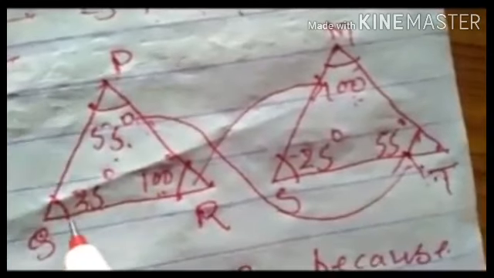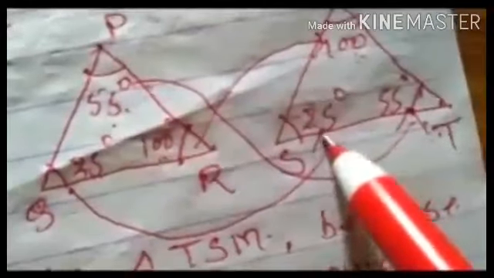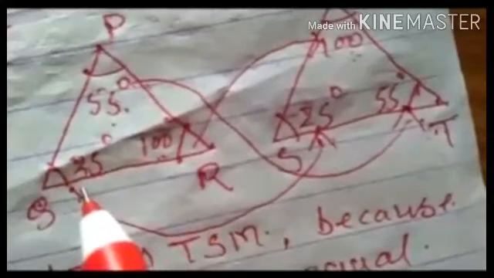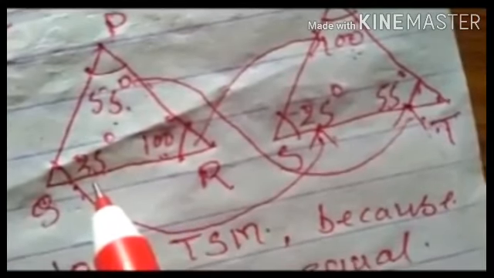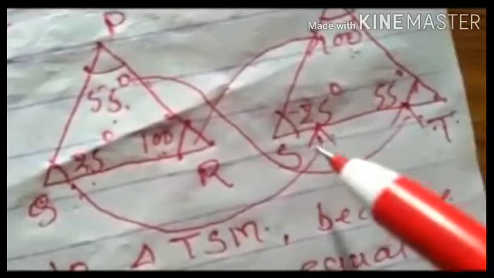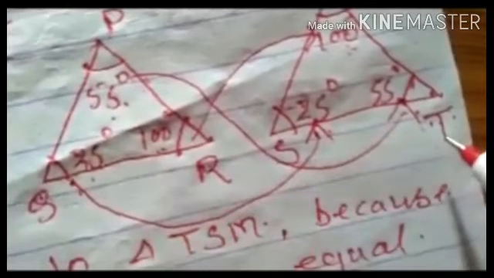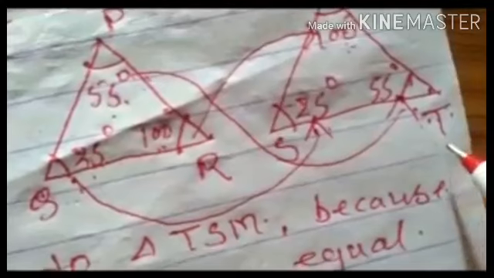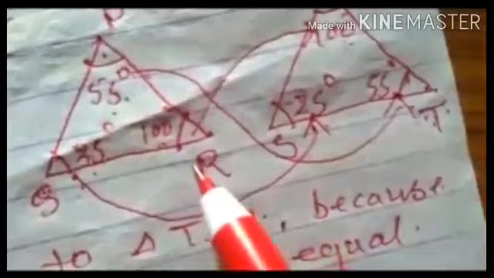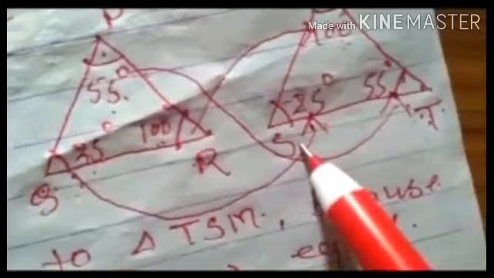And the remaining third one, angle Q, is equal to angle S. Angle Q of triangle PQR is 25 degree, and angle S of triangle MST is 25 degree. So now all three corresponding angles are known. Here P corresponds to T, R corresponds to M, and Q corresponds to S.